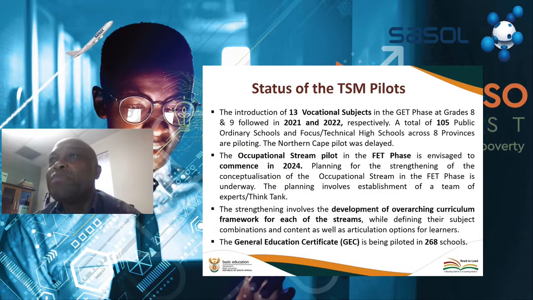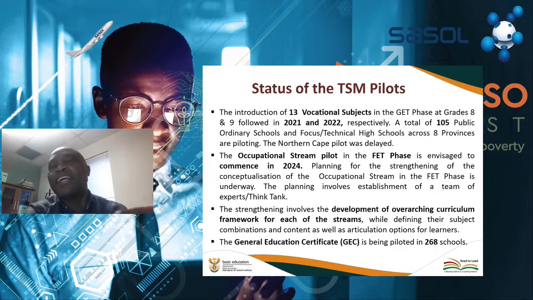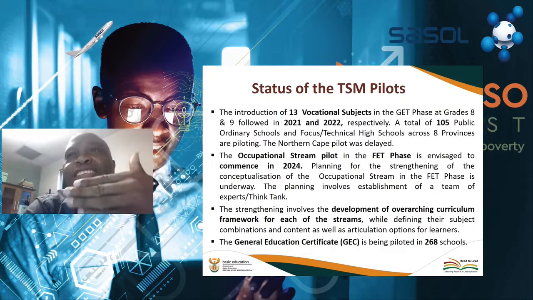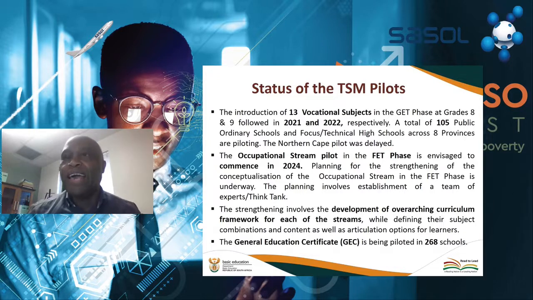The occupational stream pilot in the FET phase is envisaged to commence in 2024, because currently we have just started a process of writing up the occupational subjects for the FET.